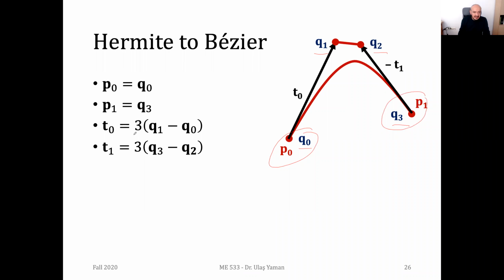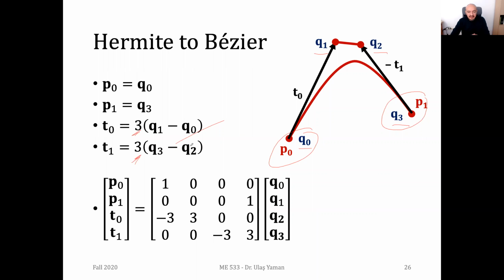We will take this number as granted, and this is obtained for constant velocity. In order to obtain constant velocity on this curve, we need to use such a number 3, and there are some derivations, but I don't want to spend time on it. So we can represent T0 as 3 times the difference between the end point of that line and the starting point, Q0. And it's also the same for T1, represented as 3 times, this time, since we have a minus sign here, Q3 minus Q2.